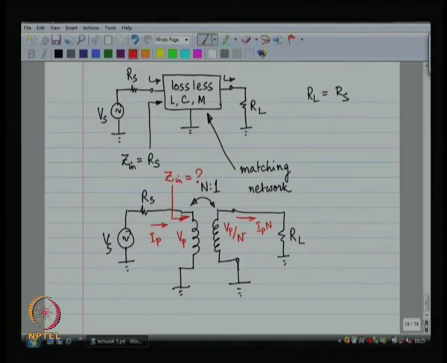So, the transformer is a lossless network. Now, given these circumstances, what is the impedance that you see looking into the primary? You apply a voltage V primary and you see that the current is I primary.